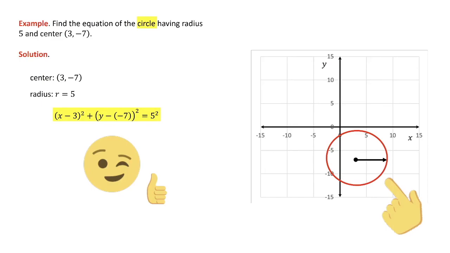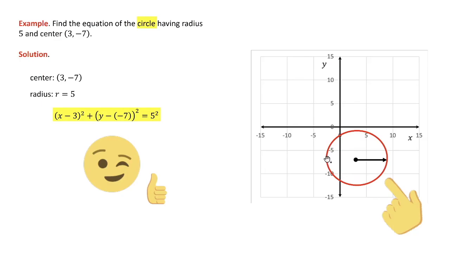Because sometimes you could be given different information. So instead of giving you the center point, let's say I have 2 points that lie at opposite ends of a circle. Well, then you use your segment property to find the midpoint, right? So suppose I give you this point on the right and this point on the left, and that was it. So you know you need a center and a radius. How do you do it?